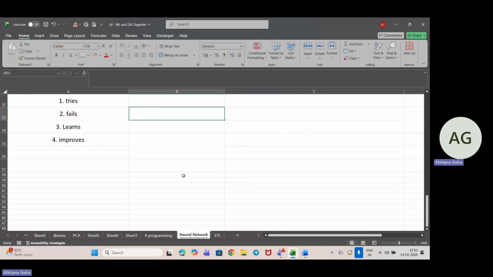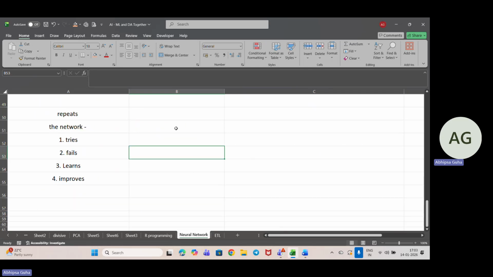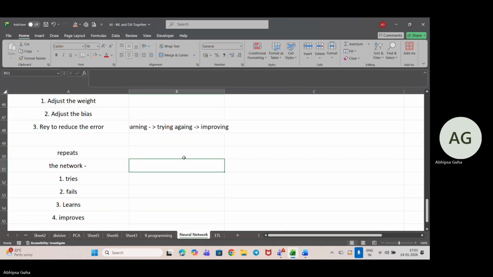Okay. So now we will go ahead with the deep neural network. If a neural network has one hidden layer, we call it a simple neural network. If it contains many hidden layers, then we call it a deep neural network.